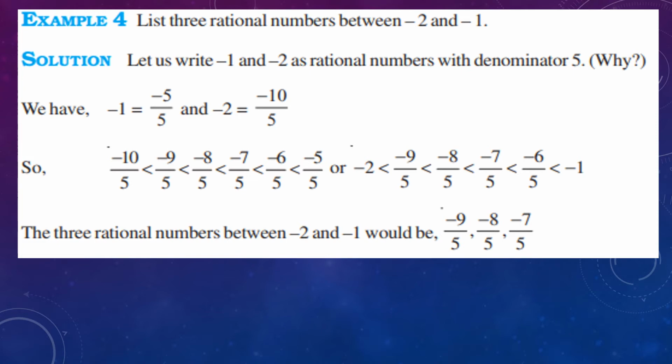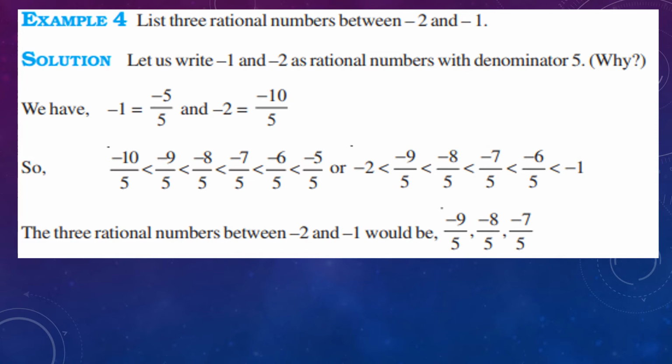Then in between negative 5 by 5 and negative 10 by 5, the rational numbers coming are negative 6 by 5, negative 7 by 5, negative 8 by 5, negative 9 by 5. From these 4 rational numbers, we can select 3.